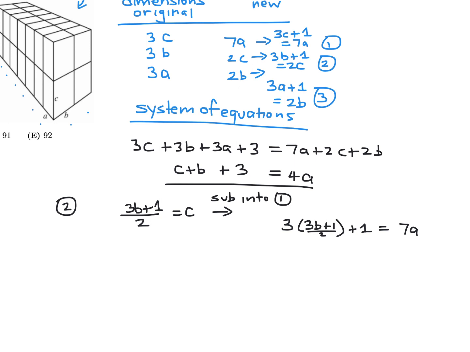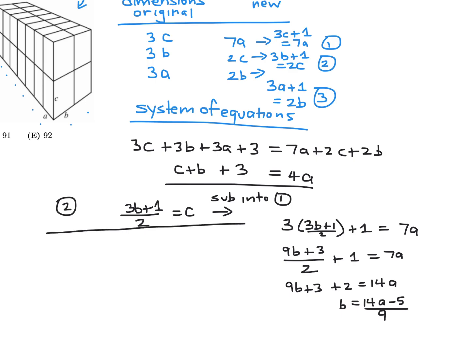So this one would be 3 times (3b plus 1) over 2, plus 1, is equal to 7a, which is (9b plus 3) over 2 plus 1 equal to 7a. Multiply through by 2, and we get 9b plus 3 plus 2 is equal to 14a. Therefore, b is (14a minus 5) over 9. Finally, we can substitute this into equation 3: 3a plus 1 is equal to 2b.